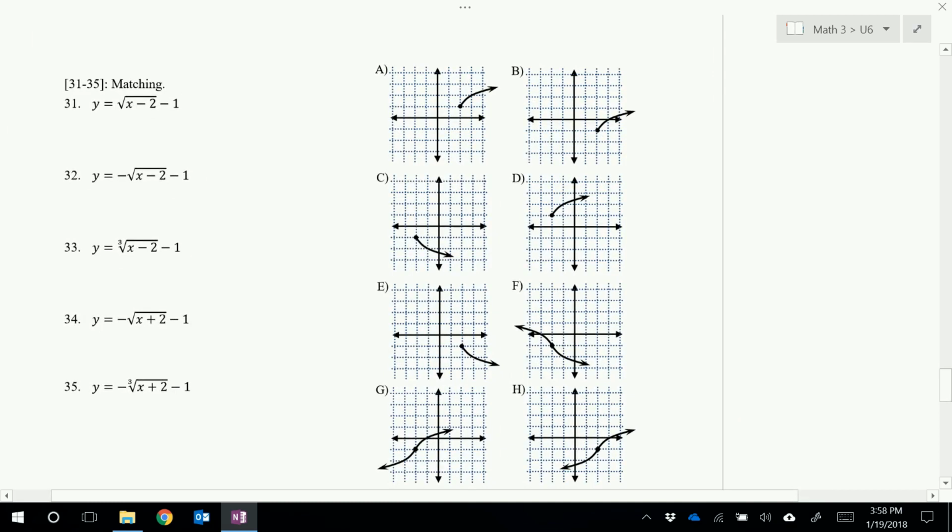So 31, we're looking for a square root function that is positive, and so it's increasing, and it starts at 2, -1, and so 31 looks like it goes with B. Okay, 32 is decreasing because it's got the negative in front, and again starts at the same location, right 2, down 1, and it's just the square root, and so that would be E.